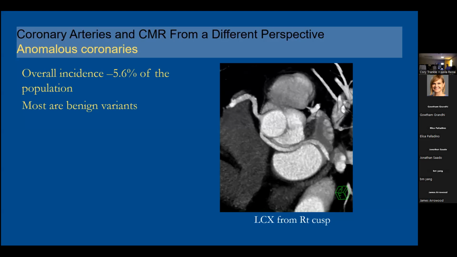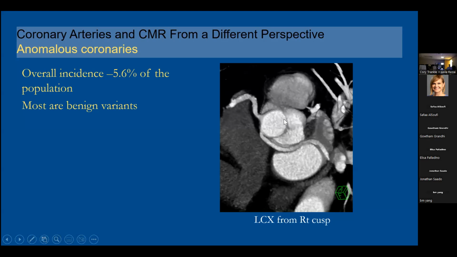With that, I start talking about anomalous coronary arteries. It's just going to be a very light touch on this topic, and then we move on with imaging and how we can utilize cardiac MRI. Overall incidence is 5.6% of population. Most of the variants are actually benign, including the one on this slide.